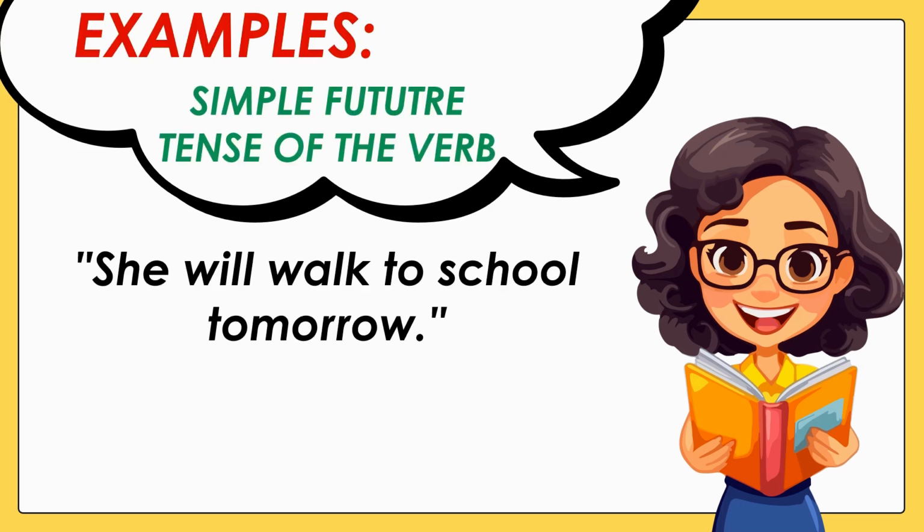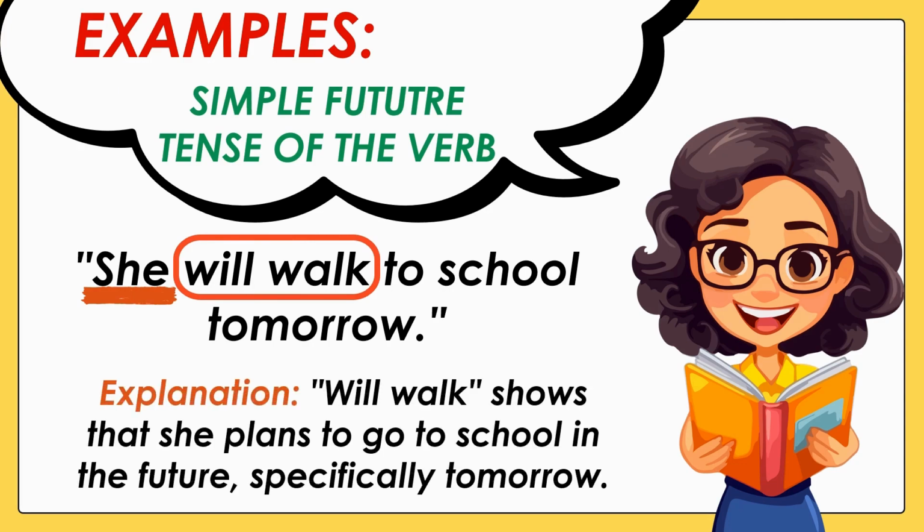Here are the examples. She will walk to school tomorrow. She is the subject. Will walk is the verb. And will walk shows that she plans to go to school in the future, specifically tomorrow.